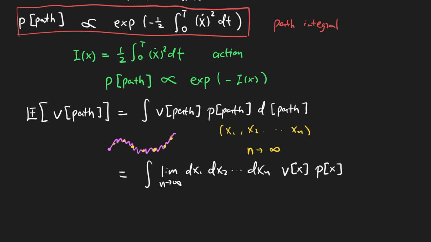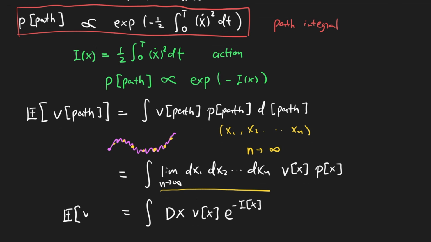Then a common notation for the path integral is that we can replace this part with the capital dx, followed by v of x. Then for the probability, we can replace that with the exponential of minus action.